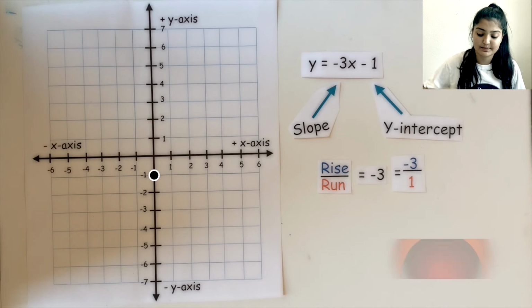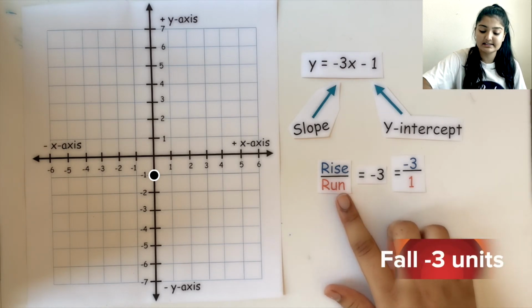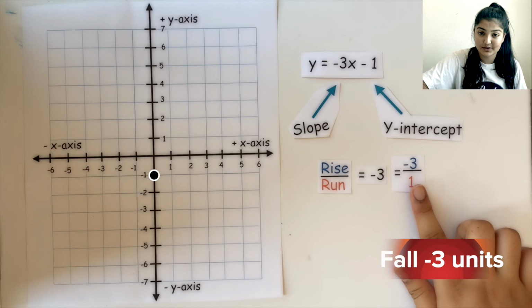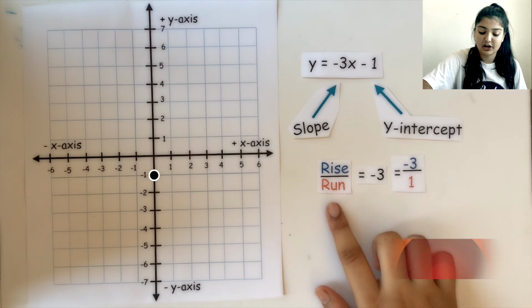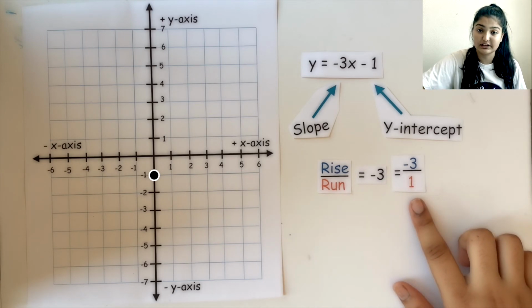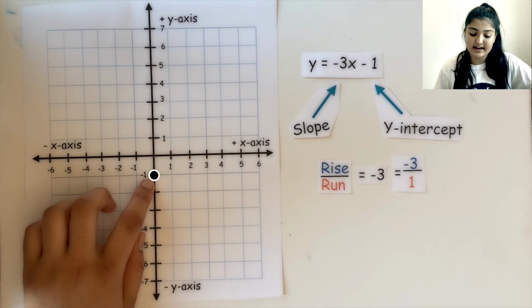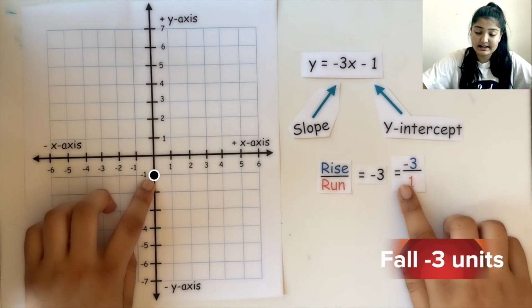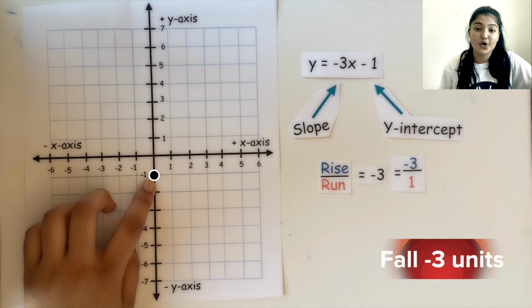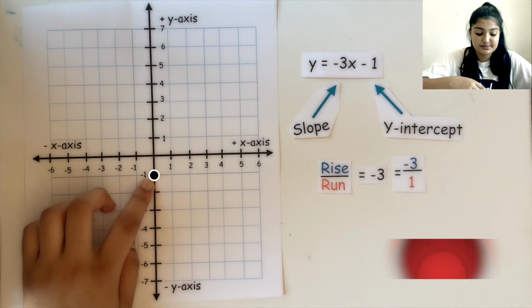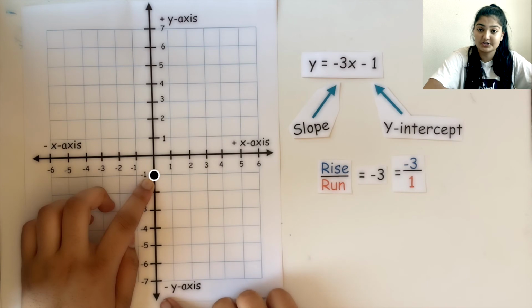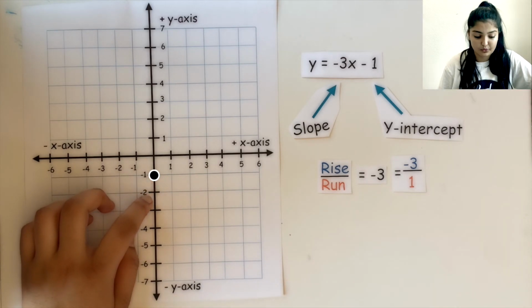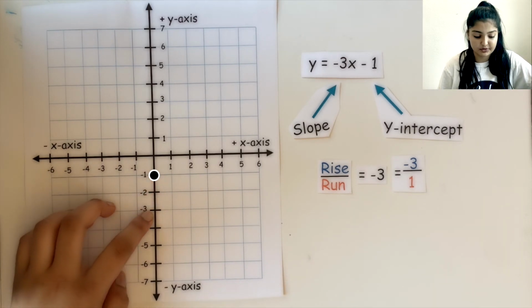This means that we rise -3 units and we run 1 unit. Starting from our y-intercept, we must rise -3 units, or 3 units in the negative direction. 1, 2, 3.